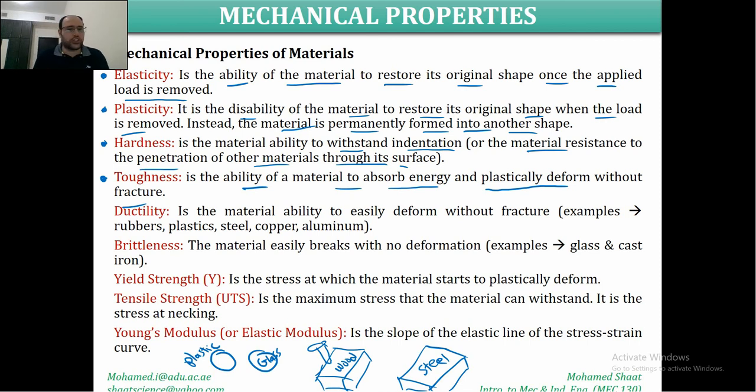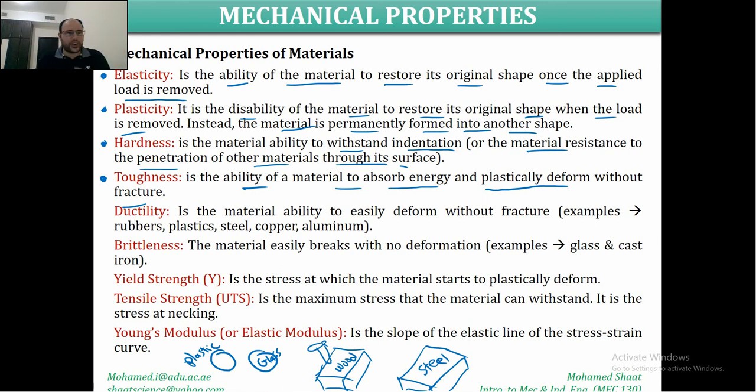Glass has almost zero toughness in that case. Why? Because it can be easily fractured without any plastic deformation. Once it hits the wall, it will be completely fractured, indicating that it has almost zero or very weak toughness in comparison to the plastic material.